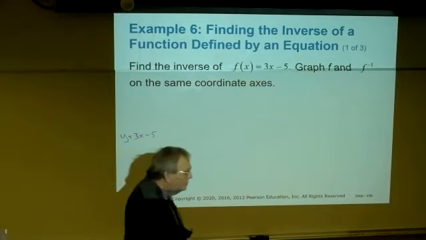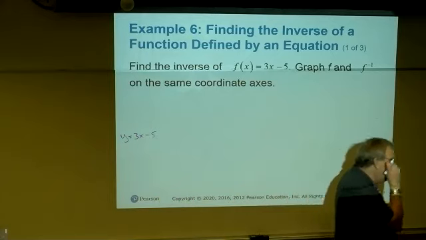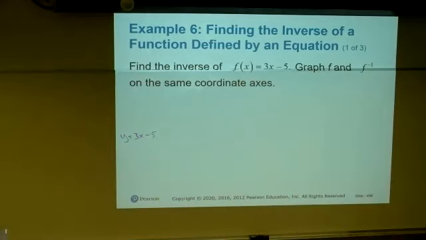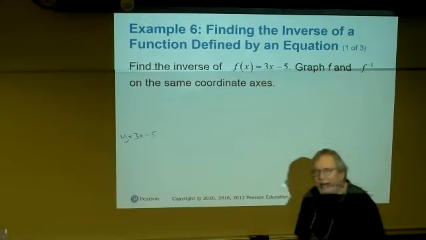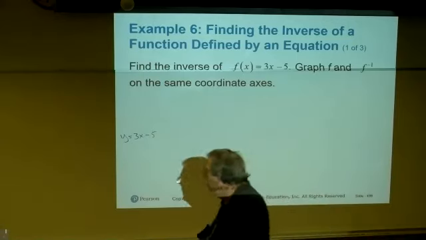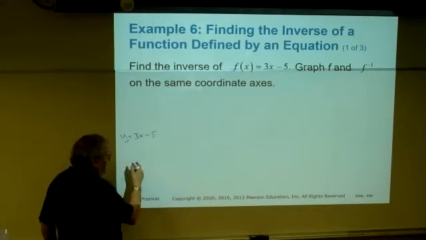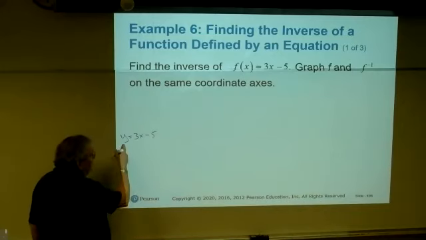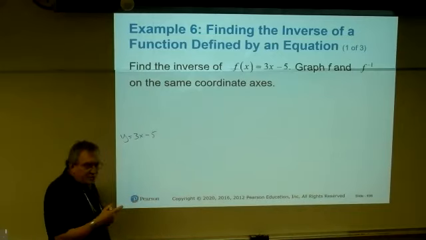Don't you solve for x at that rate? Well, you need to do something first. But technically, that's what you're going to end up doing. But the first thing we do is we interchange the x's and y's.